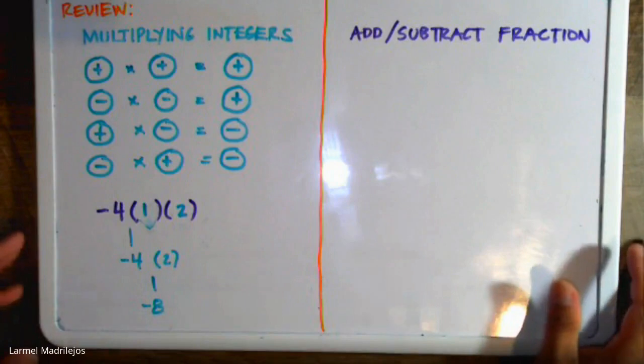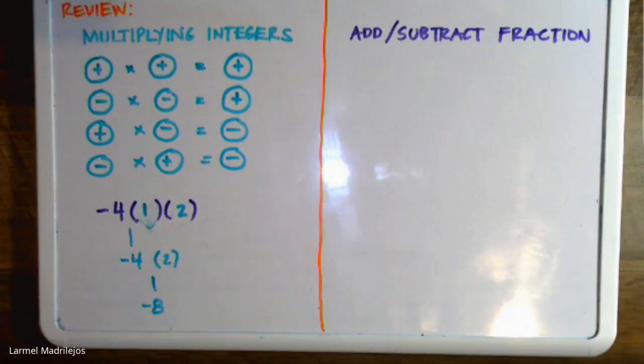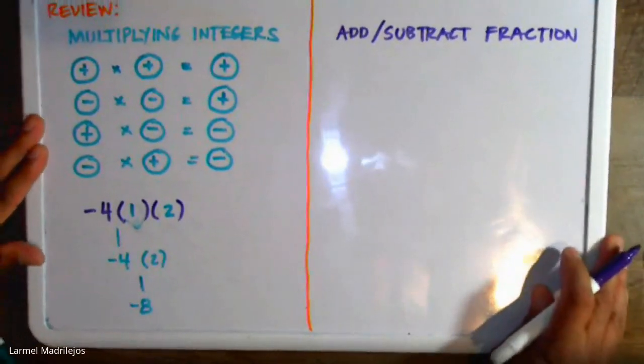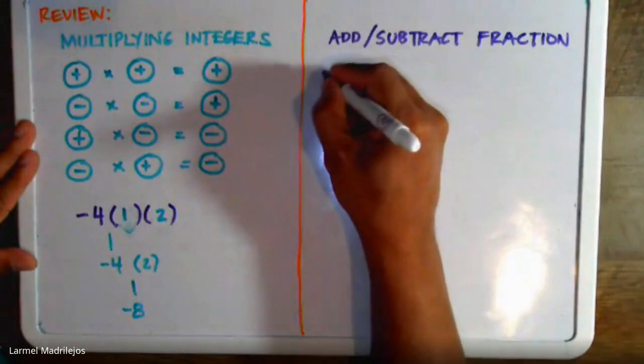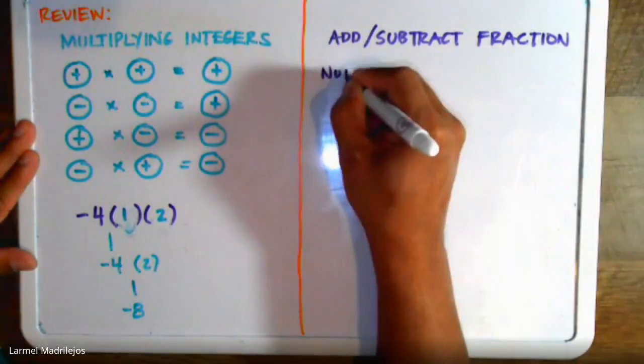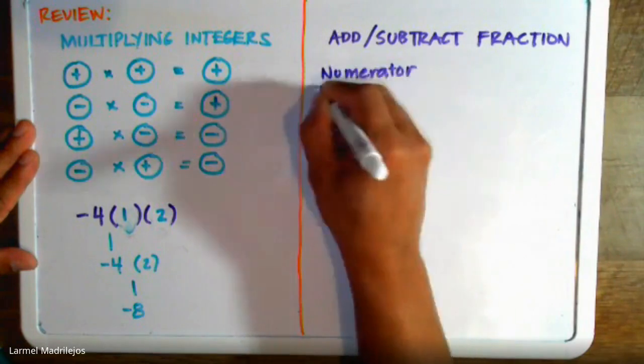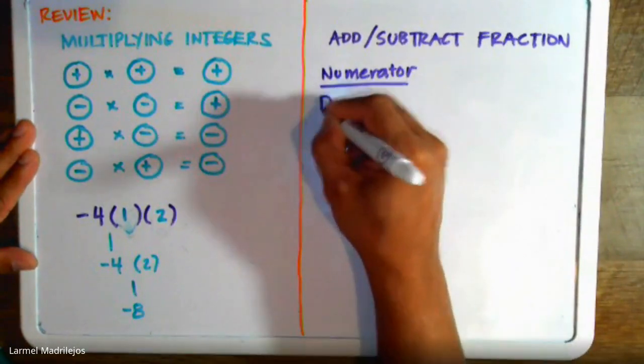Let's go on with adding and subtracting fractions. For adding and subtracting fractions, we need to understand what type of number we have. The top is the numerator, and the bottom is the denominator.